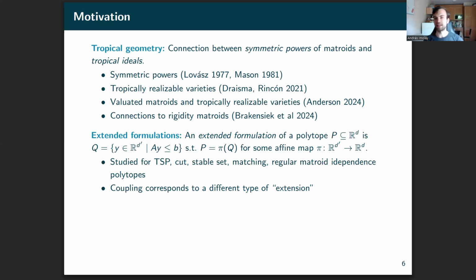Also, extended formulation is a really important notion in combinatorial optimization, which is something like that we have a polytope and we want to extend it to higher dimension in such a way that we get a polytope that has easier description in some sense, and couplings can also be considered as a really similar kind of extension, but it's a bit different.